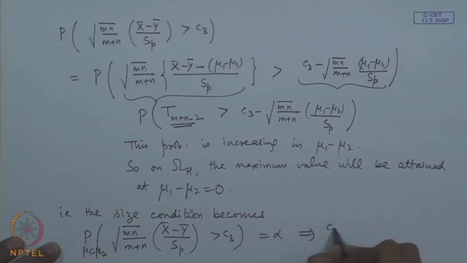So, this means c 3 is nothing but t with m plus n minus 2 degrees of freedom at level alpha. You can compare it with the UMP unbiased test that we derived. This form is the same. So, in the likelihood ratio test, what is happening is that some part is slightly different in the one sided testing problems, but in the two sided testing problems this is exactly the same as the UMP unbiased test.